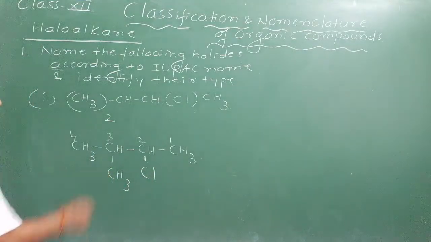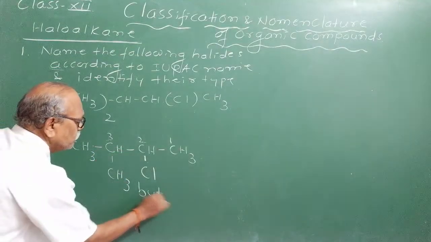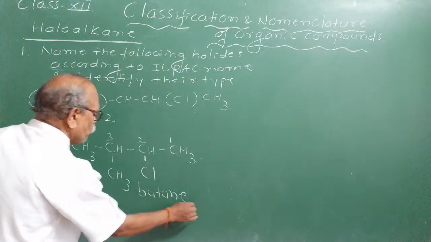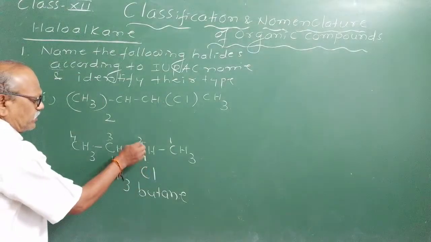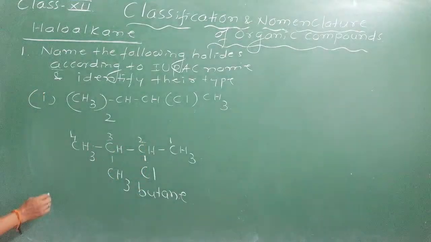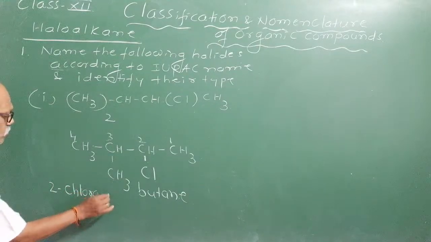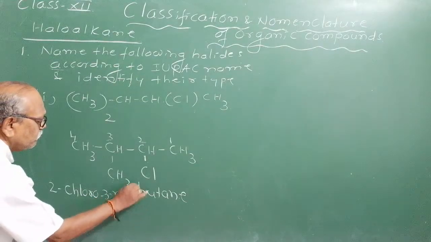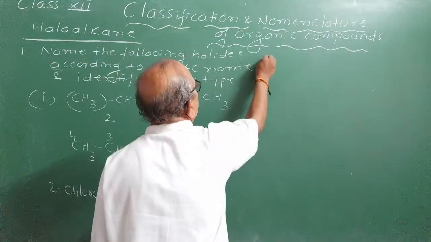Chloro, then methyl. The root word is but, suffix will be ane, then you write the prefixes. Alphabetically chloro comes first: 2-chloro, 3-methyl. Therefore, the name of this compound will be 2-chloro-3-methylbutane. Right? We'll see a few more.